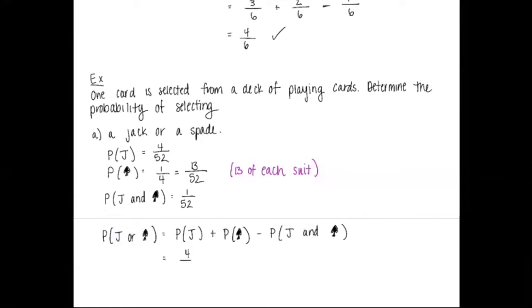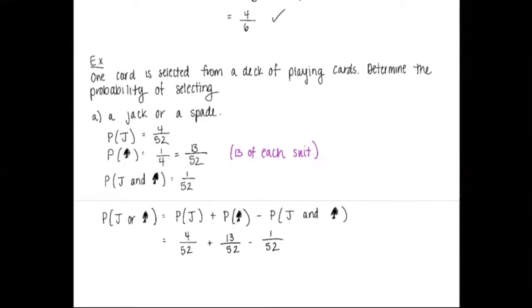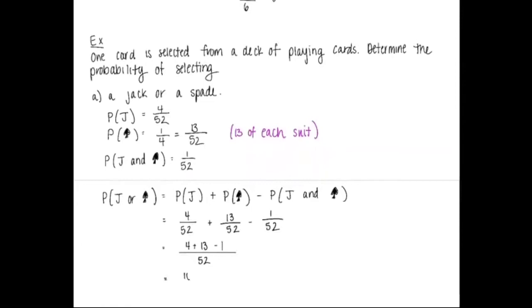So we found all of these. The probability of a jack is 4 out of 52. Probability of a spade is 13 out of 52. And there's a 1 in 52 chance you get a jack and a spade. So you really just add along the numerator. That's 4 plus 13 minus 1 over 52, which is 16 out of 52.